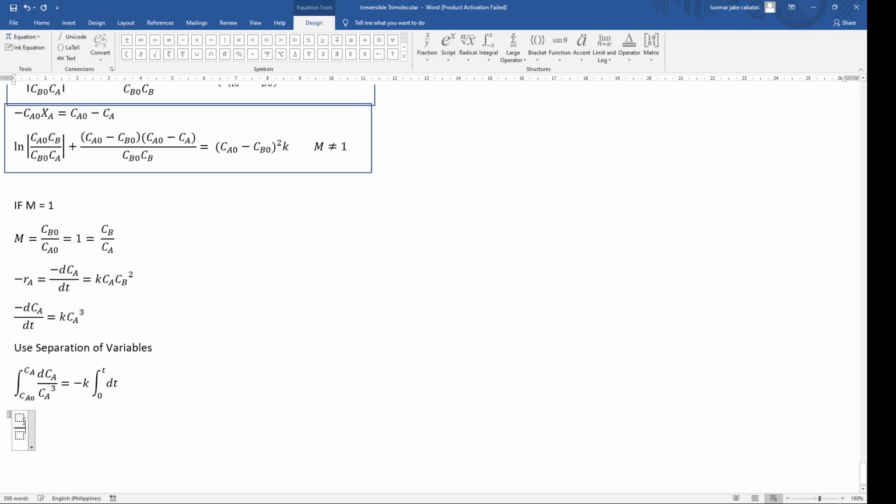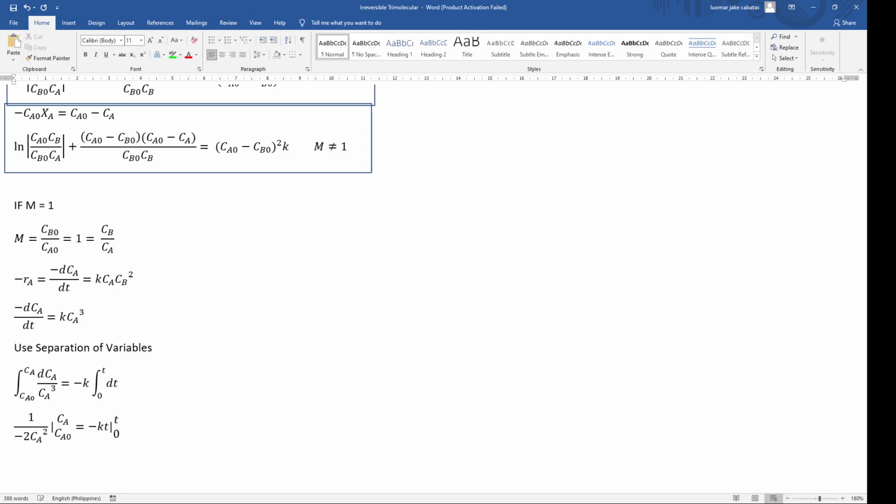So power formula, we have 1 over negative 2 times C_A squared, limits from C_AO to C_A equals negative kt, limits from 0 to t.